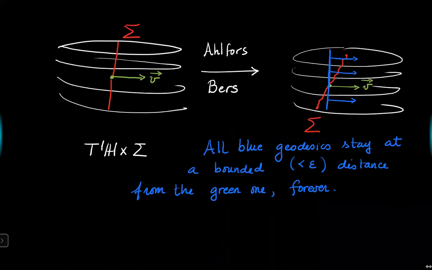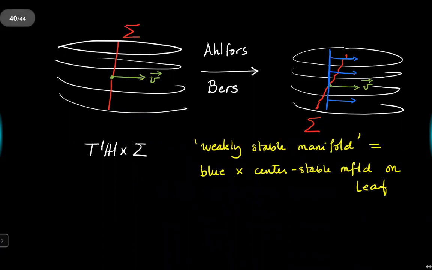Since the local distance between leaves is preserved, any geodesic with a blue initial condition will follow closely the geodesic with the initial condition V. So what would be a weakly stable manifold for V? It's something like the blue transversal times the center stable manifold on the leaf, which is two-dimensional, of course.